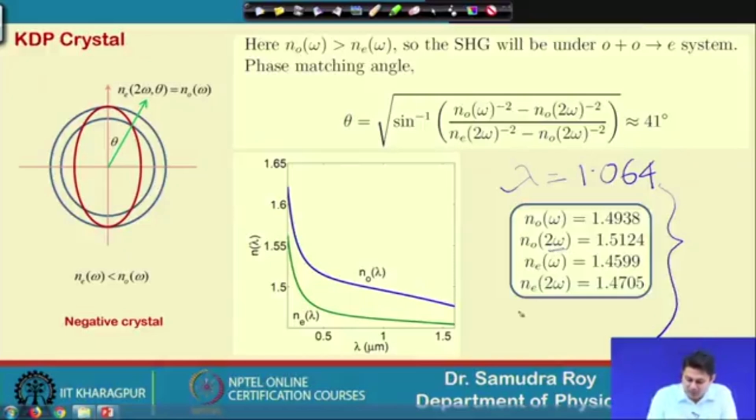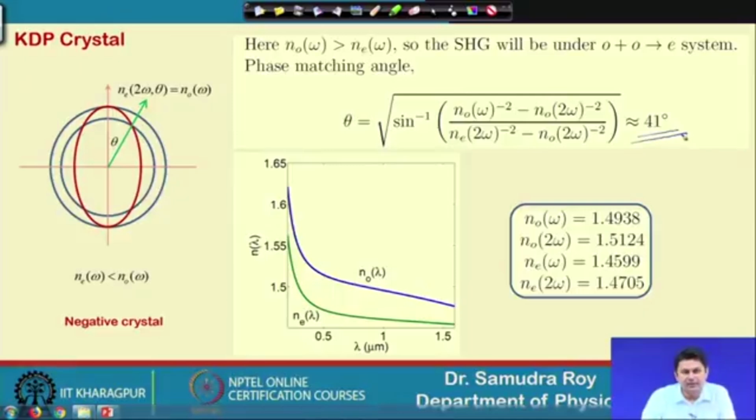So, we also have the value of the refractive index at lambda by 2. Once we know the values n_O omega, n_O 2 omega, n_E omega and n_E 2 omega, using these we can find out the value of theta, the phase matching angle, and we find this is around 41 degrees.